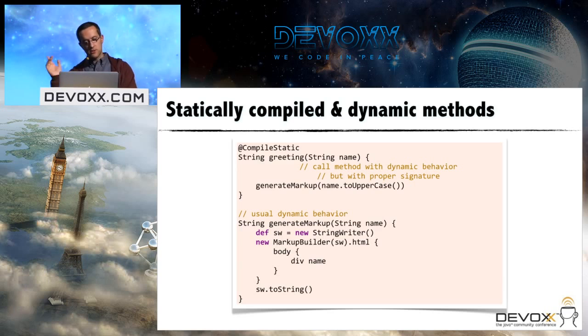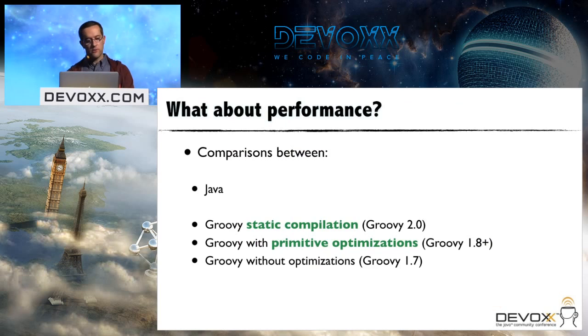And there's also something I don't mention here: if you put the CompileStatic annotation on the class, you can use @CompileStatic and TypeCheckingMode.SKIP to say, okay, I just want to skip one method so that it's not statically compiled. So it's more granular.